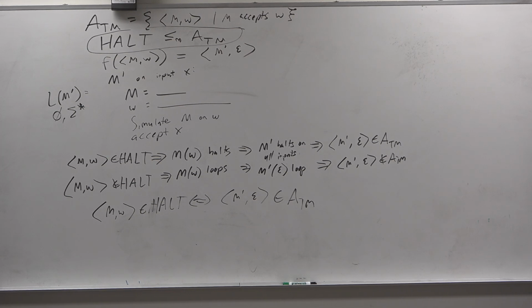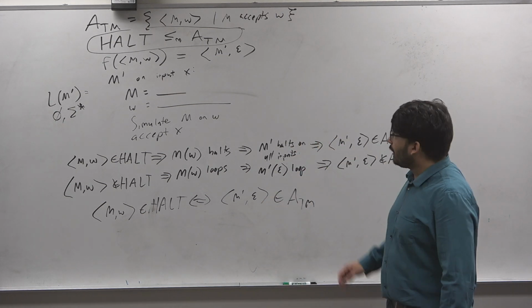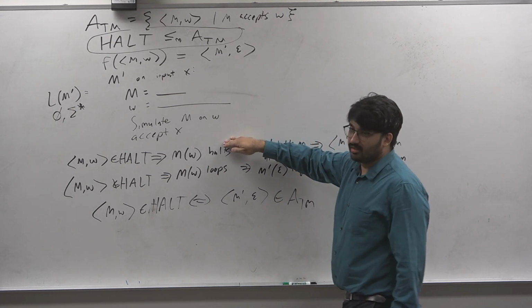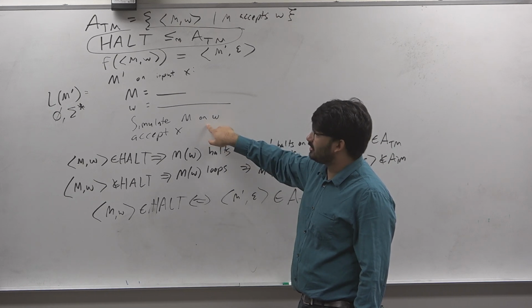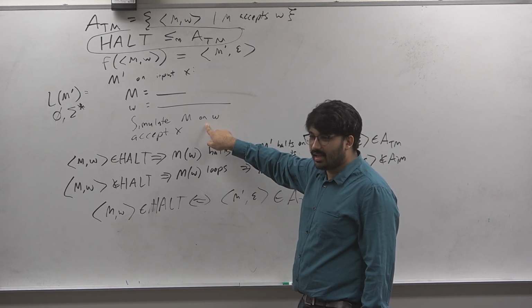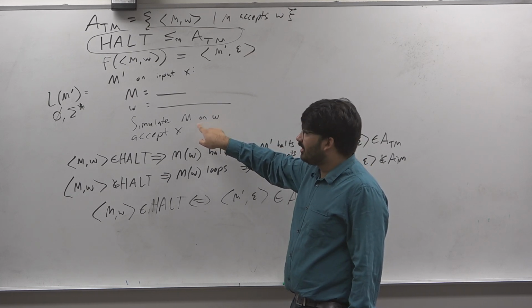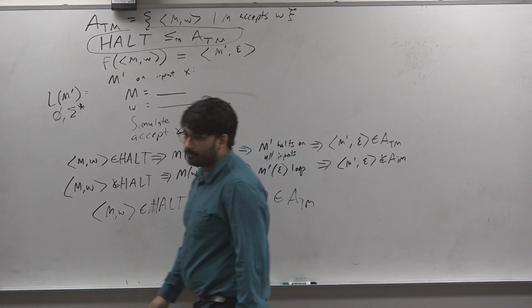They claim they can determine if a machine accepts. You use them to determine if a machine halts by crafting this as your input. This will accept a string if and only if M halts on W. So if they can tell you if it accepts, you can use that answer to learn if a different machine halts. That's kind of the moral.